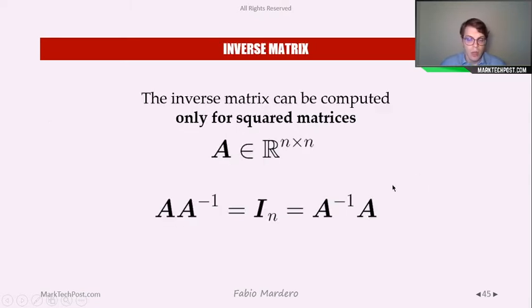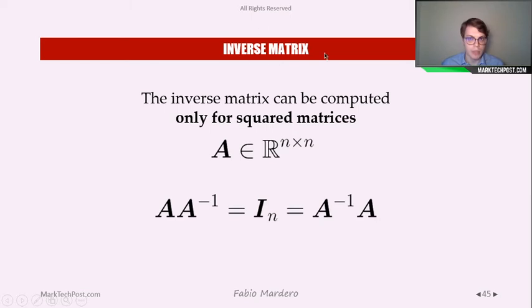I want to explain and define another type of matrix. Let's start with the inverse matrix. The inverse matrix can be computed only for square matrices. So let's take a generic A matrix with dimension n times n.